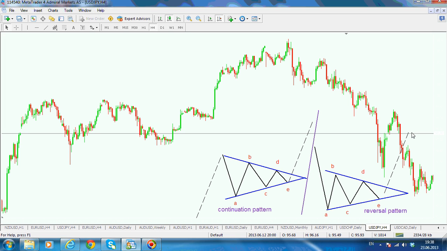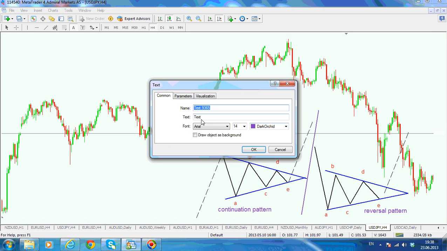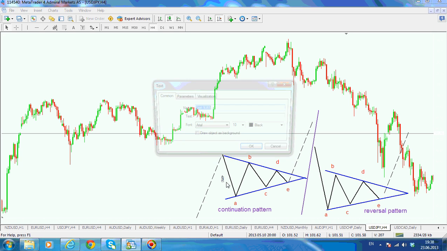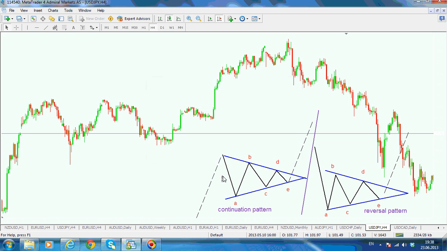Now the legs of a triangle are formed out of three small waves of a lower degree, and this should be labeled as 3. So it should be 3, 3, 3, 3, yet again 3, and the same is valid here.